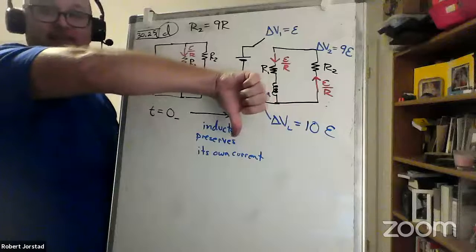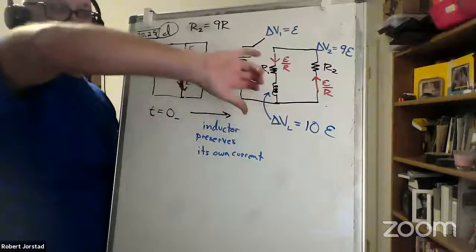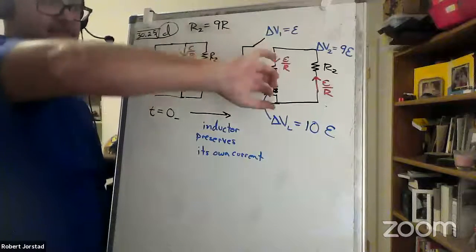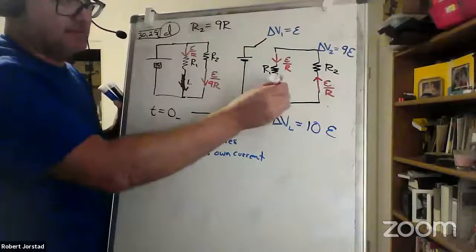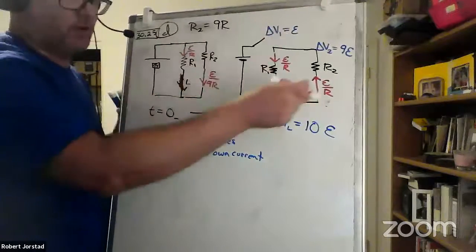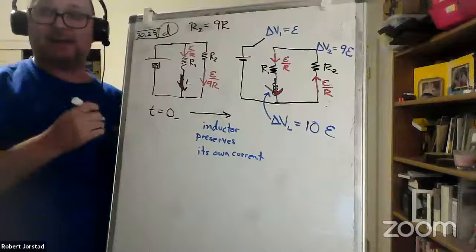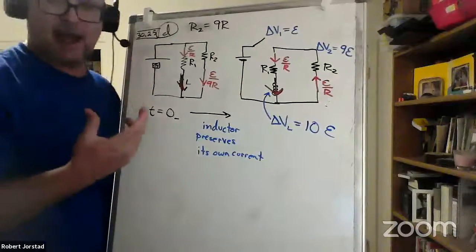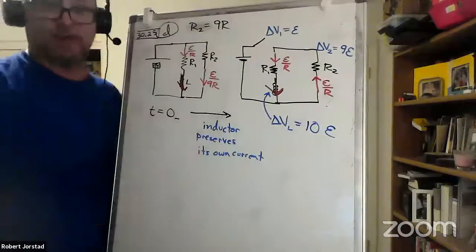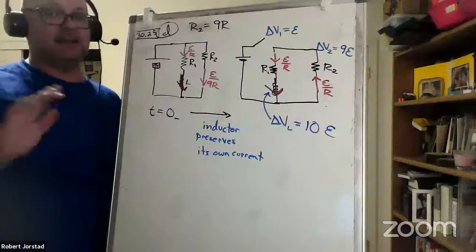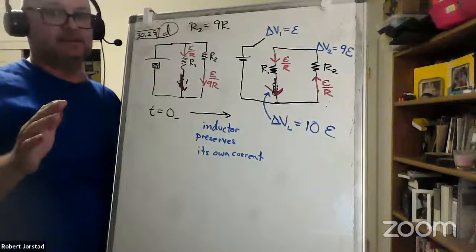It can't instantly disappear. And because it has to keep going, this has to keep being this way, which then forces this one to reverse direction dramatically. And the only way that can happen is if there's a dramatic voltage spike. Otherwise, conservation of energy isn't valid. Now, it's not like you're getting something for free.